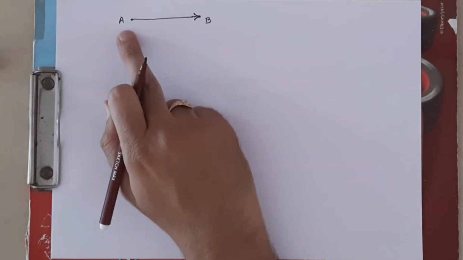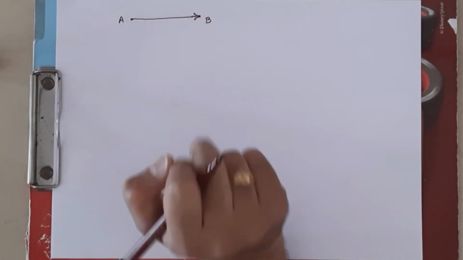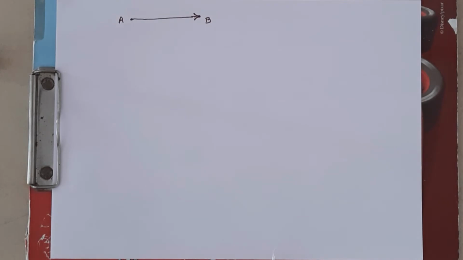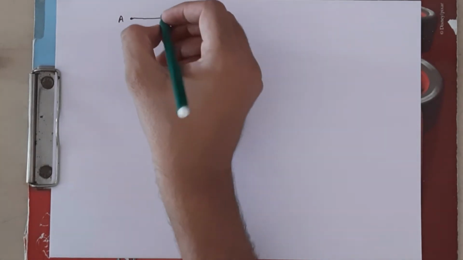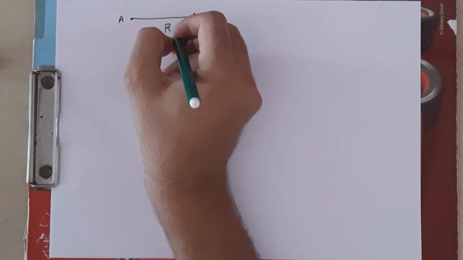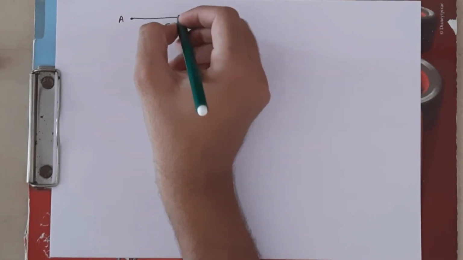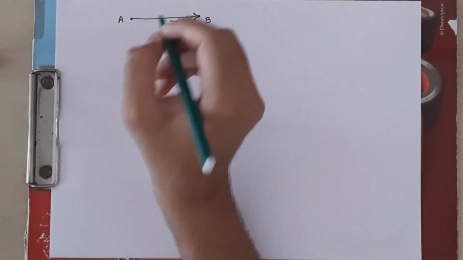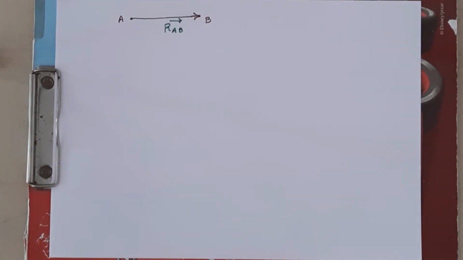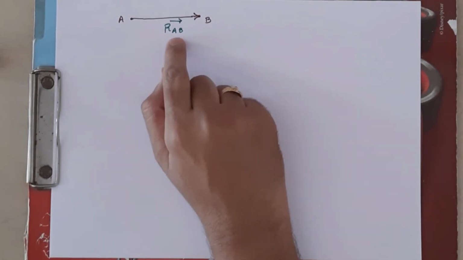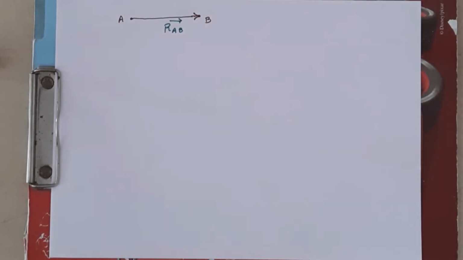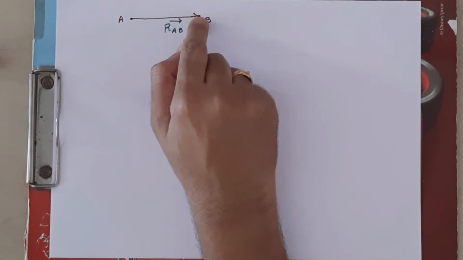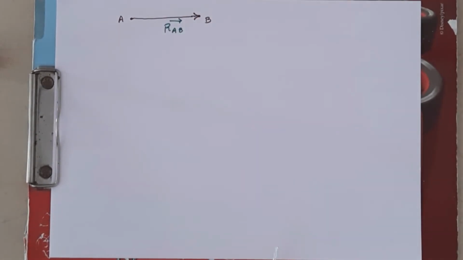This vector is pointing from point A to point B. You can call this vector the R subscript AB vector, capital R subscript AB. So this R_AB vector means from point A to point B. It's a vector quantity.